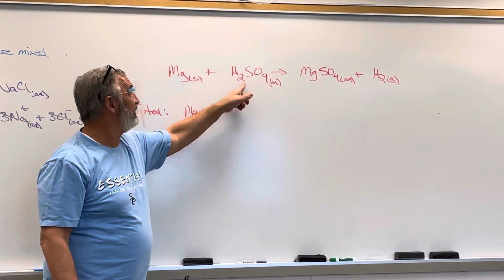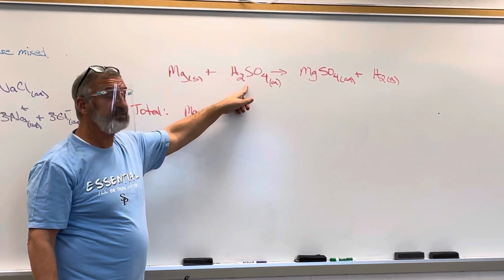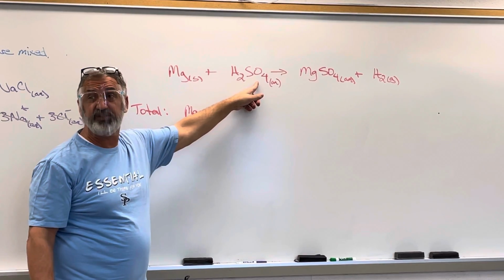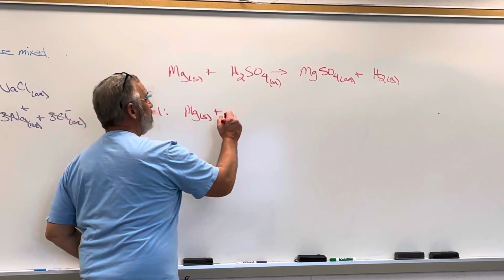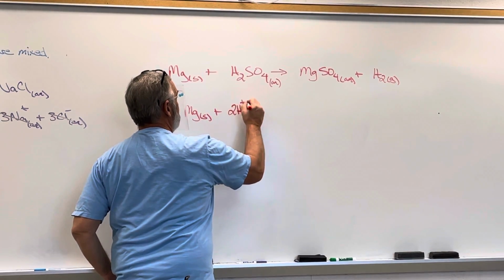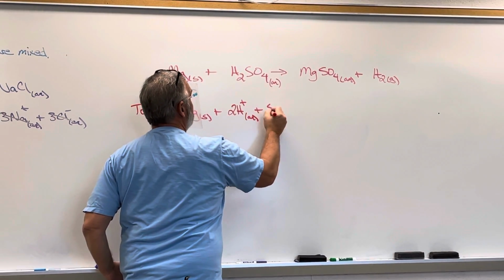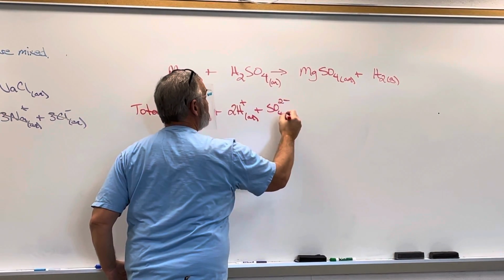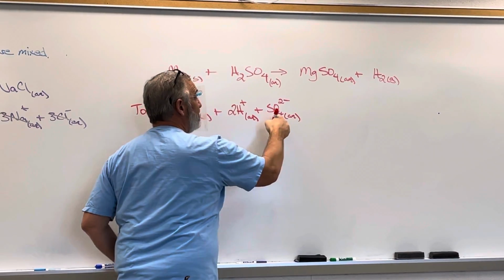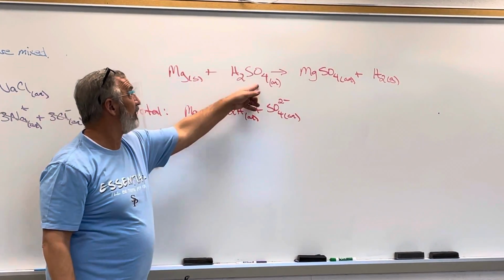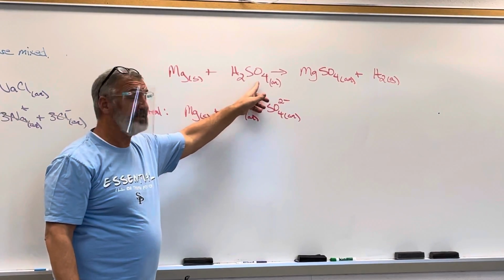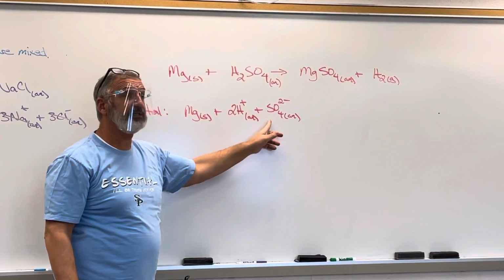Hydrogen gas is over there, but this is two H pluses attached to the SO4 2 minus. A positive thing and a negative thing. Two H pluses plus an SO4 2 minus. That's my sulfate ion, my polyatomic ion. It acts as one thing, so I don't get 4 SOs or anything there. SO4 is my polyatomic ion.